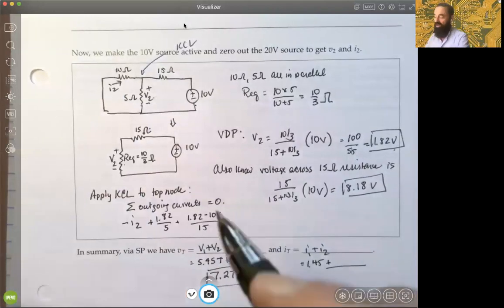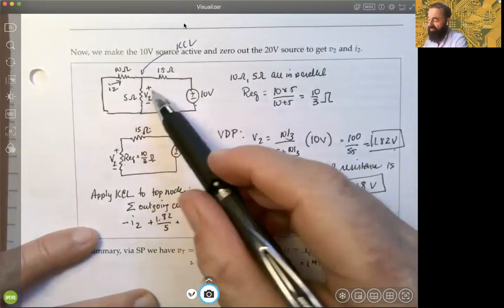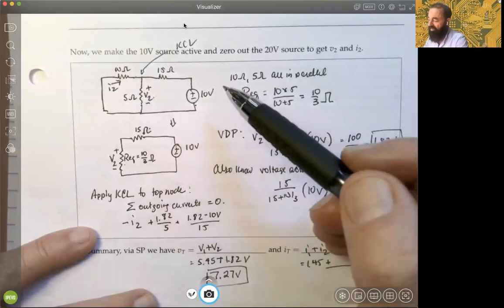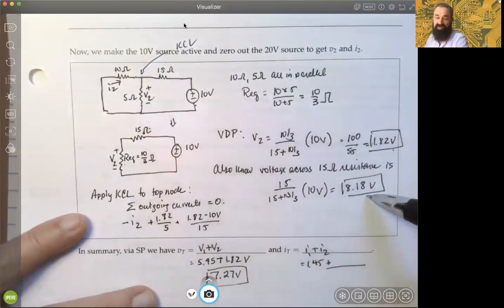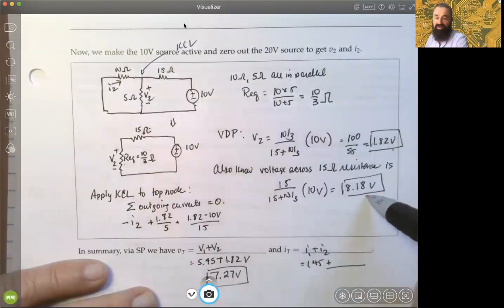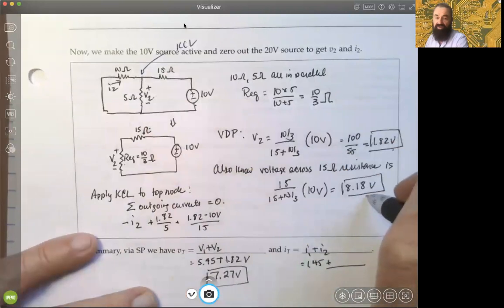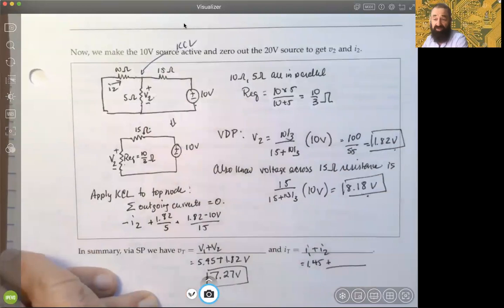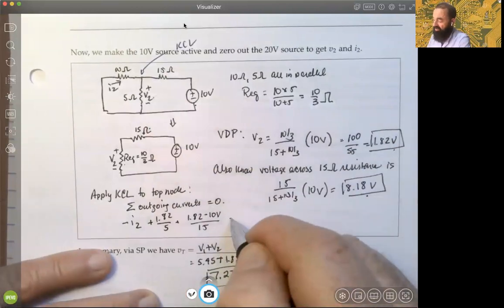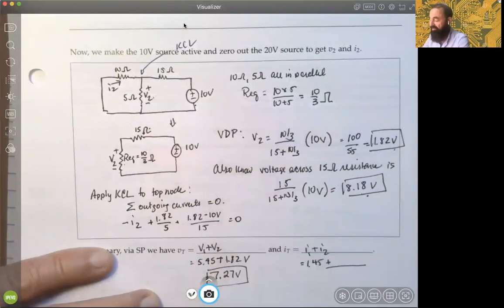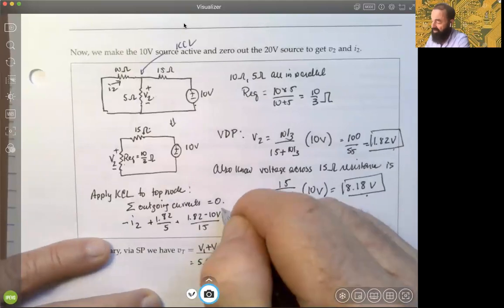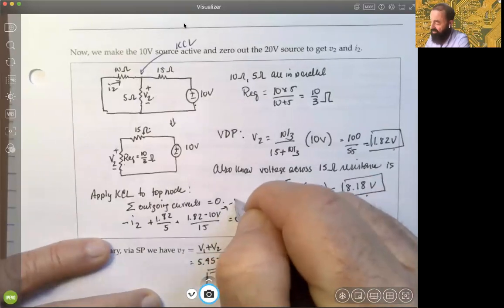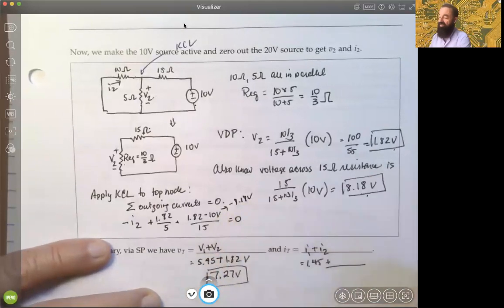Again, we know what the 1.82 value is, and in fact, we kind of figured this out a minute ago. What we really have across the 15 ohm resistance is 8.18, so we could have gotten it that way too. Either way is fine. And this is equal to 0. So this value here, again, is negative 8.18.